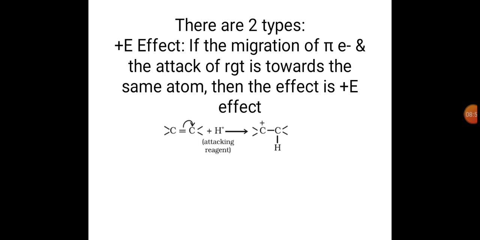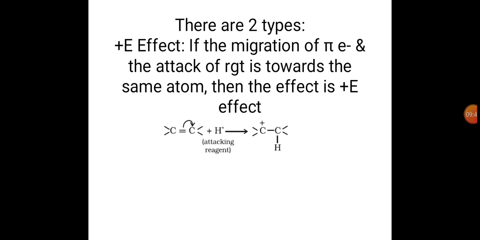So I repeat, in the carbon-carbon double bond, if the pi electrons move towards the first carbon, it is negative in charge and the second carbon is positive in charge because it loses electrons. The approaching or attacking reagent H plus, when it meets this carbon-carbon double bond, will attack the carbon which is electron rich, and hence we have carbon plus carbon hydrogen.